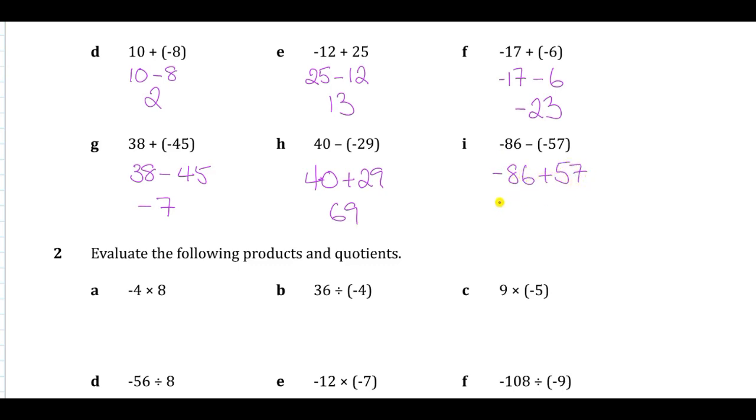I can, if I want to, that's the same as 57 take 86. Now, 56 take 86 would be negative 30. So 57 take 86 will be negative 29.